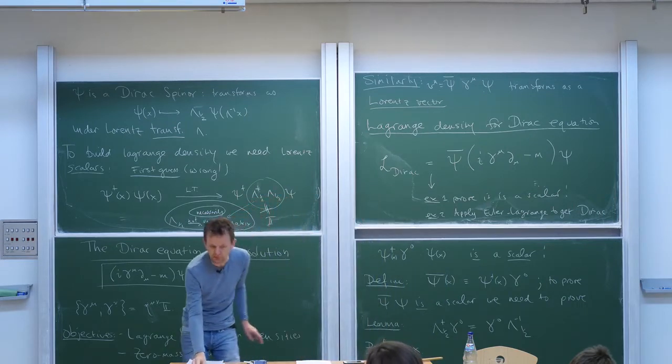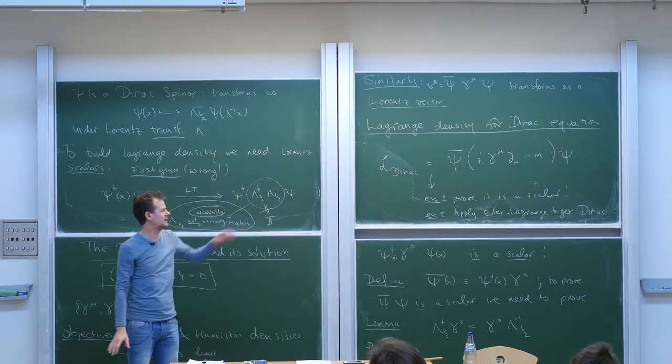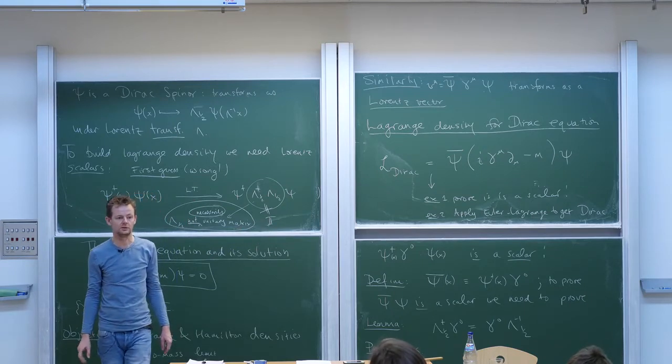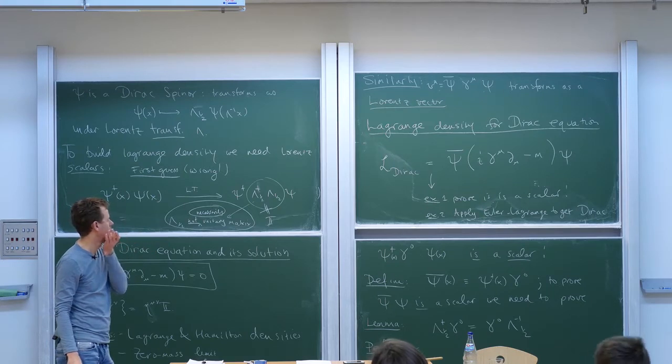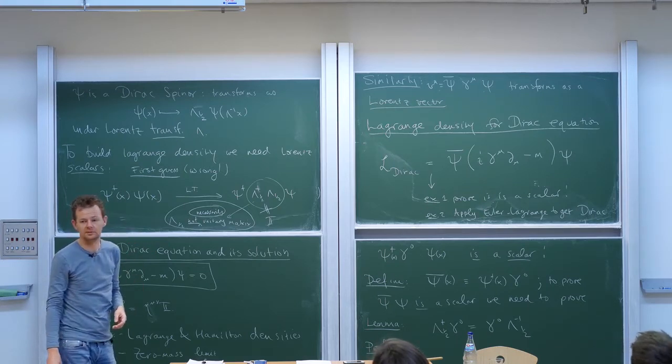I hope you're getting pretty good at the Euler-Lagrange equations now. You should already have a sense in which that does give you the Dirac equation if you use ψ and ψ̄ as independent variables.